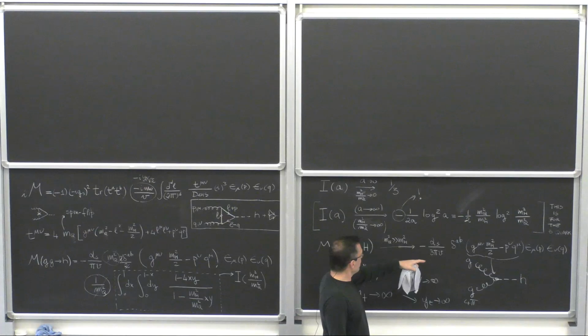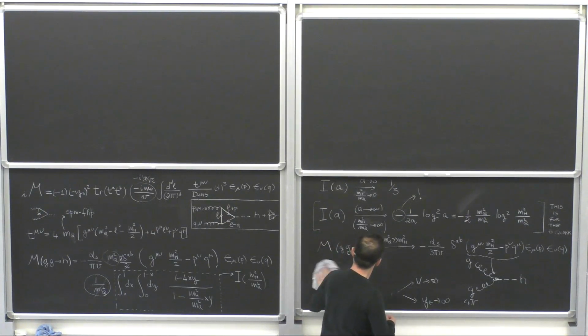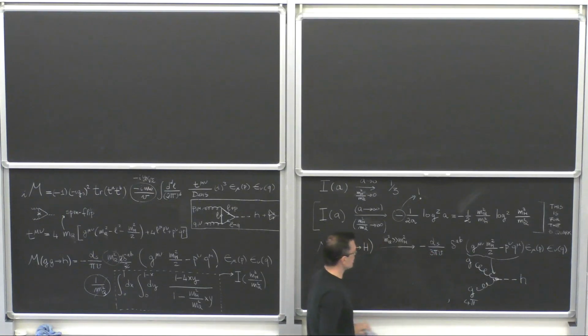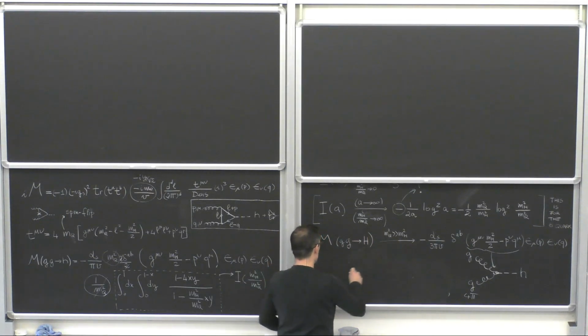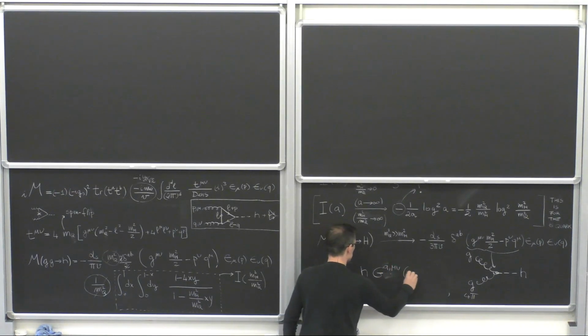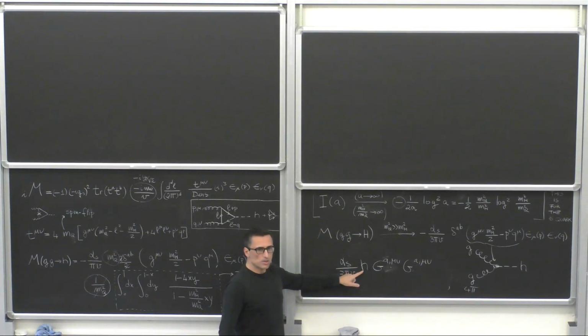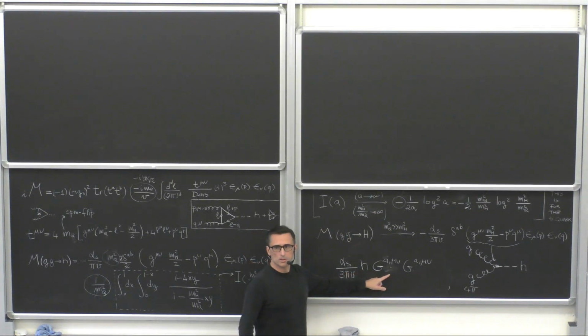Now I do it anyway. I'm just numerically checking it. So what is this? This is nothing else than an operator of this kind, which is the one that Ian mentioned, where I couple the Higgs to the kinetic term of the gluon.